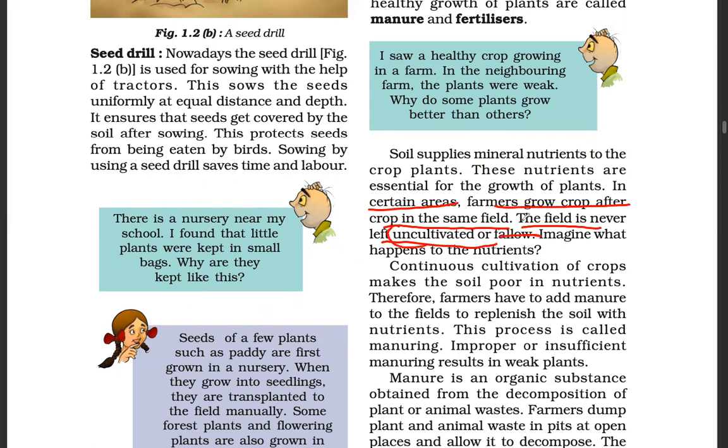Uncultivated or fallow basically means that when we harvest the plants, after the cutting down of plants, which is called harvesting, the farmers sow other seeds at the same point of time. They don't give the field much time, maybe only 1 to 2 days at most, and a minimum of 4 to 5 hours.